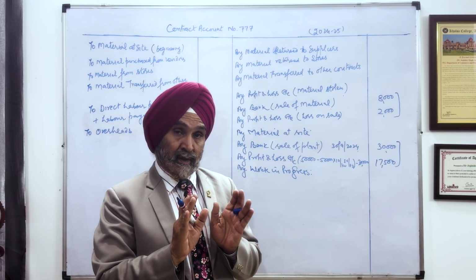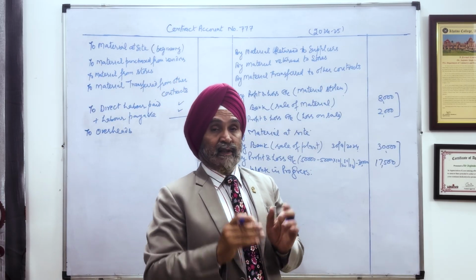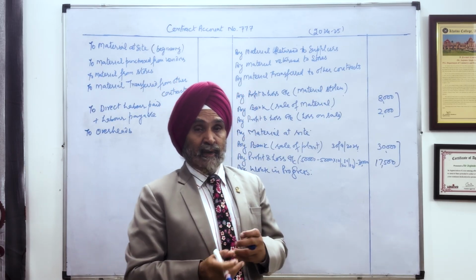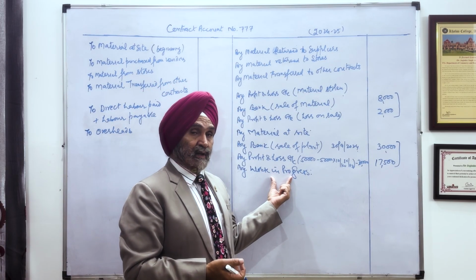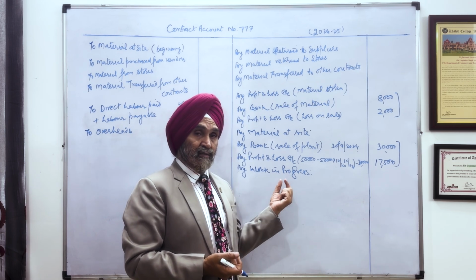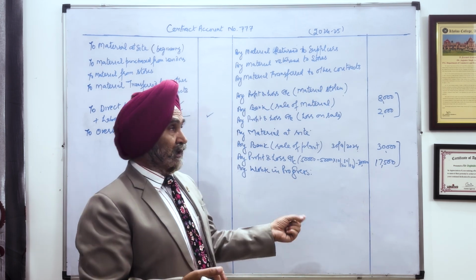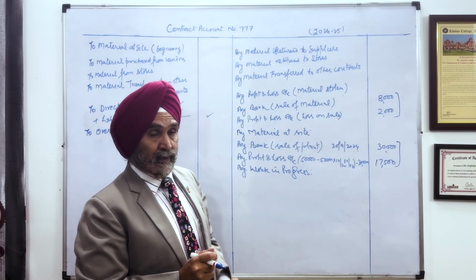Normally. Abnormally, both things can be possible. That we'll discuss later. So normally, either 'by contractee' when work is complete, or 'by work in progress' when work is incomplete, on 31st March, say 2025.